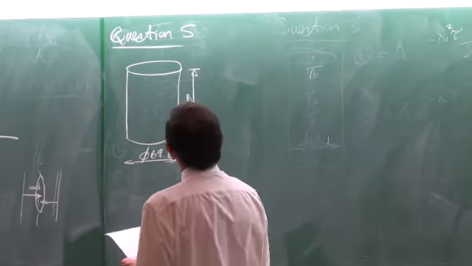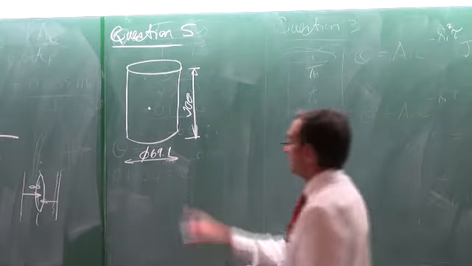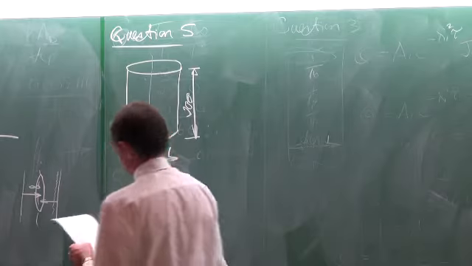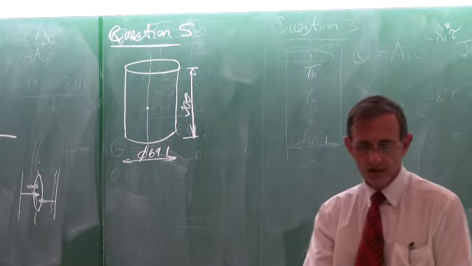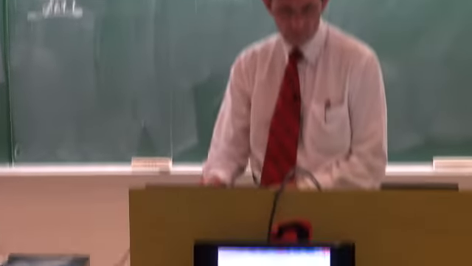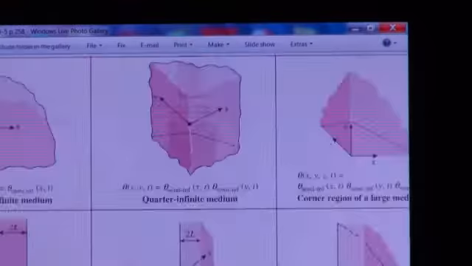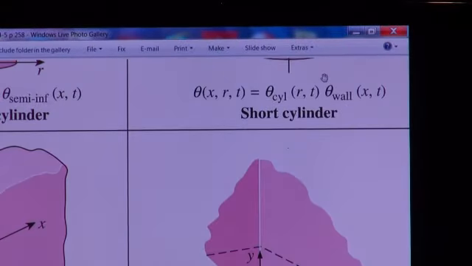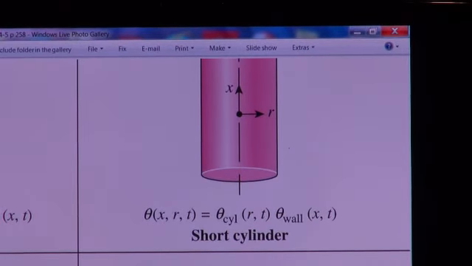Okay. And now we want to solve the temperature at that point there. Right, now for a short cylinder, there's the short cylinder. The solution for a short cylinder is the solution of a cylinder multiplied by a wall.